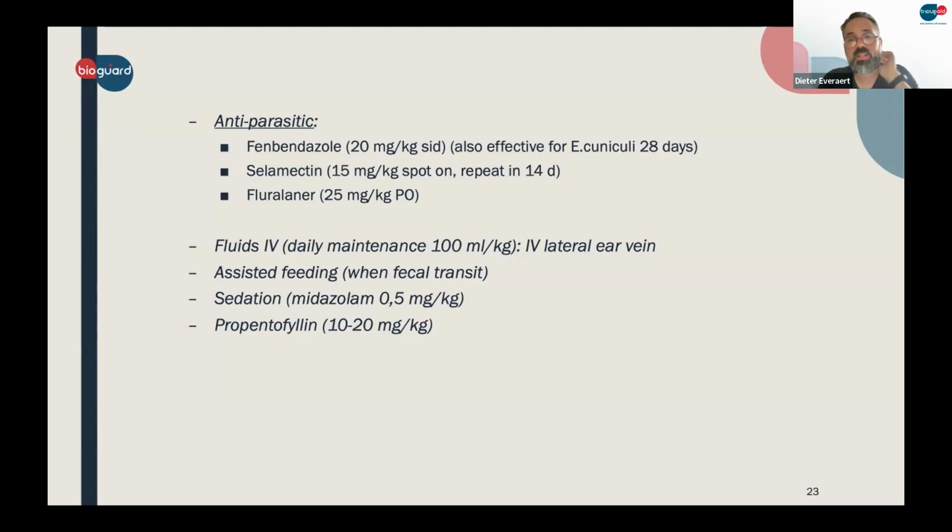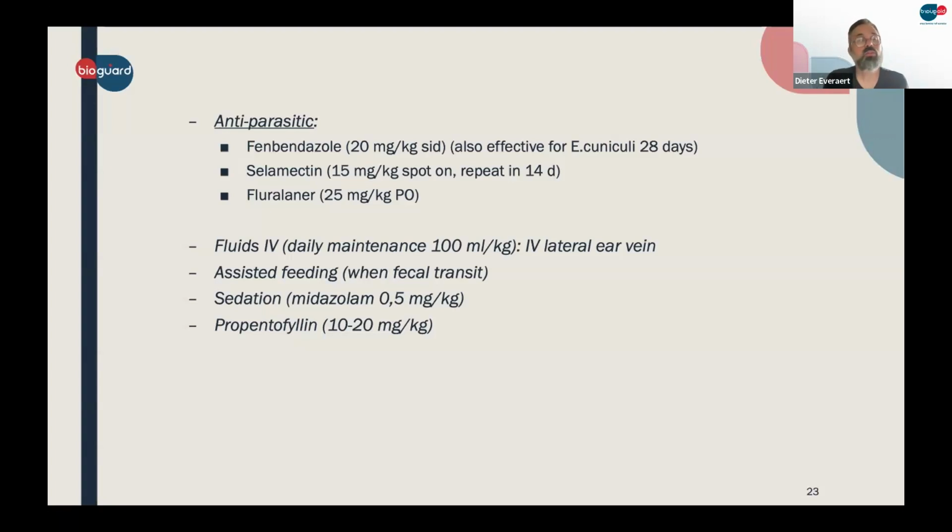I know it's not allowed in the US; you can use the cephalic. Yes, we sometimes see partial necrosis of the ear, but still they react way less to ear vein catheterization than to leg catheterization.